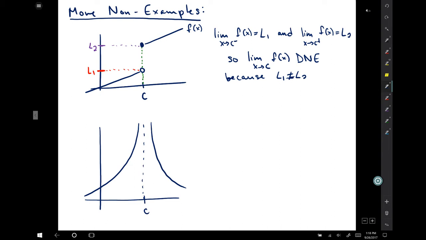So here, this function is not continuous at x equals c because we're missing condition 2. This is what is called a jump discontinuity. And you can see that the function jumps.